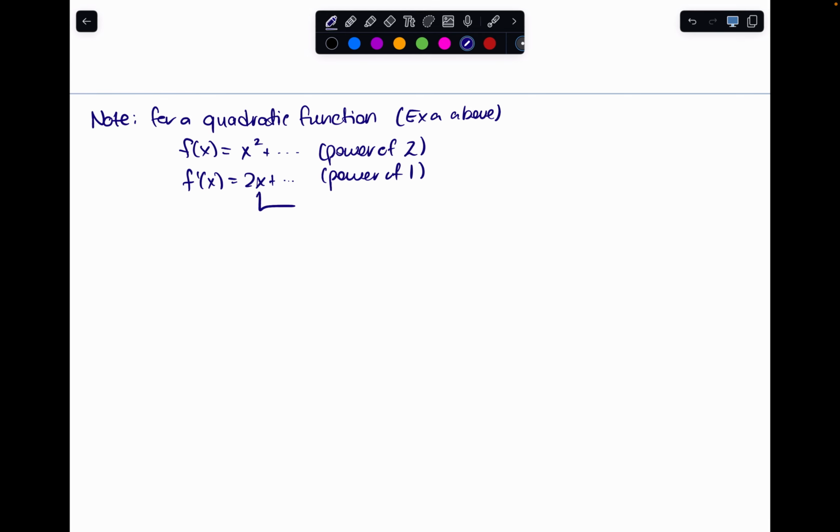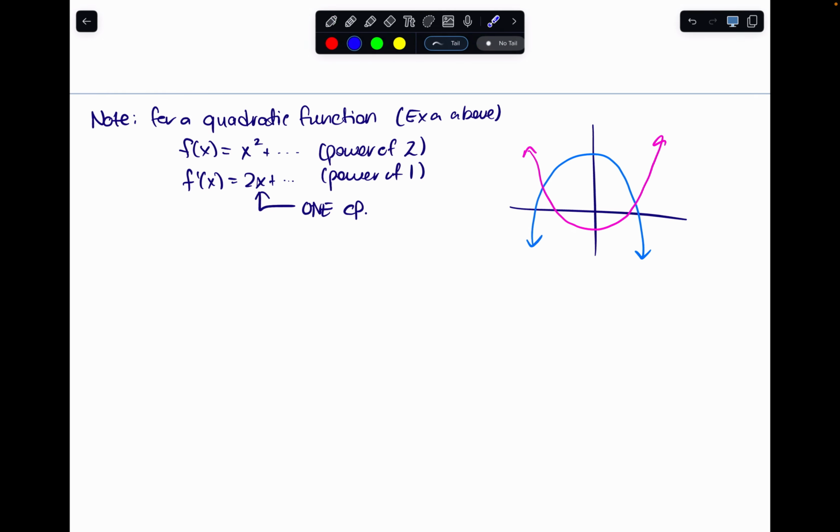When we had the power of 1, there should only be one critical point. Okay, so we've got functions that are doing something like this, or even this. Doesn't matter at this moment exactly what's going on. There's only one point where you have a horizontal tangency. Recognize that the reason you go from power of 2 to power of 1 is because you're taking a derivative, and the derivative goes down in power.